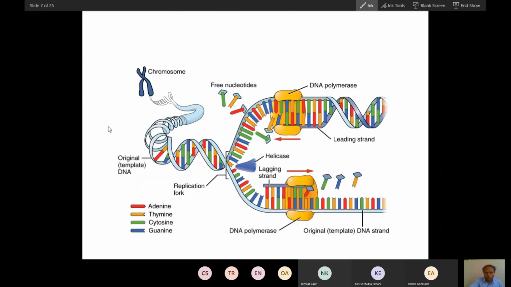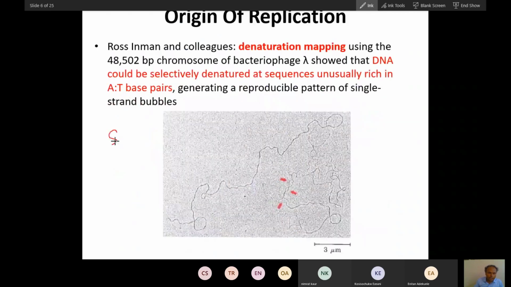What is the role of SSB, the single strand binding protein?